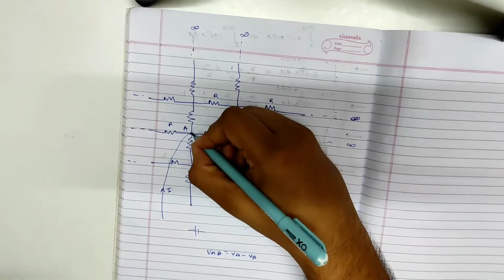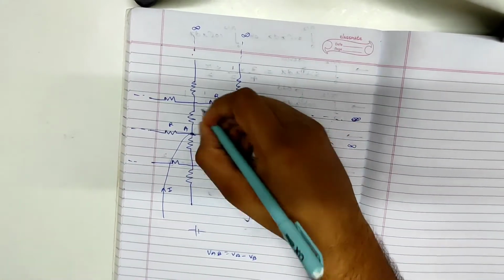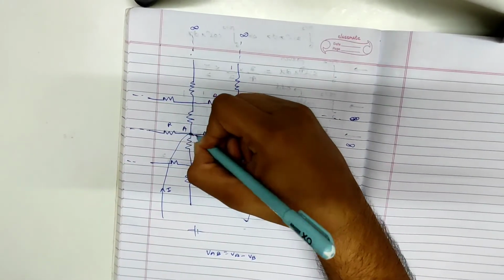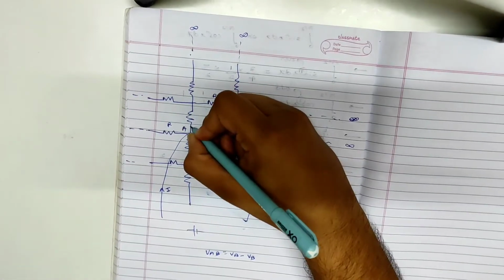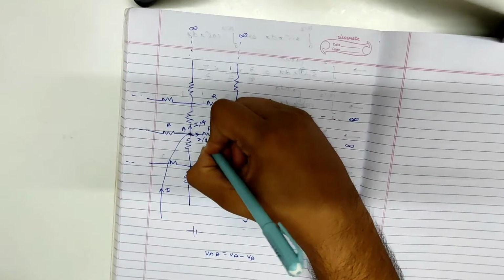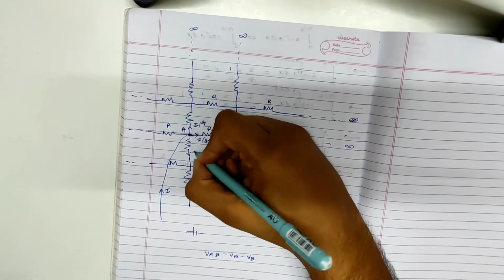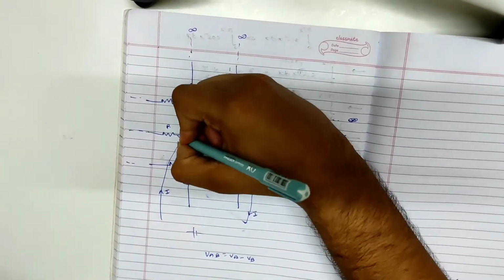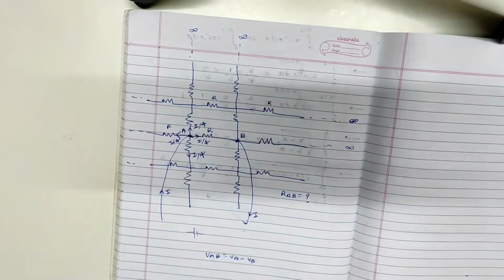See here at this junction at point A, the current distributes among all the 4 directions equally, that is in this direction I by 4, in this direction also I by 4, and in this direction also I by 4, and in this direction also the same I by 4.